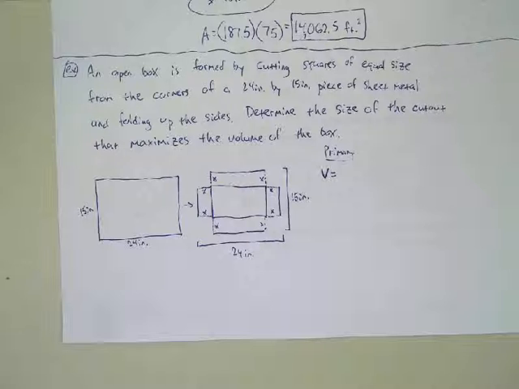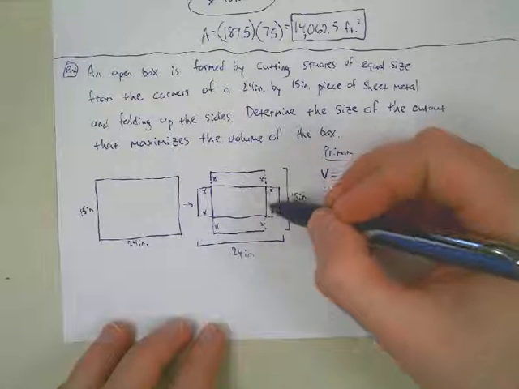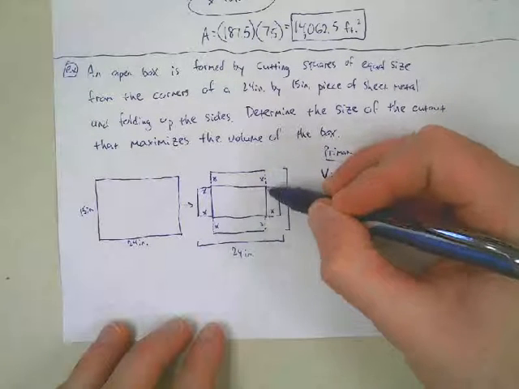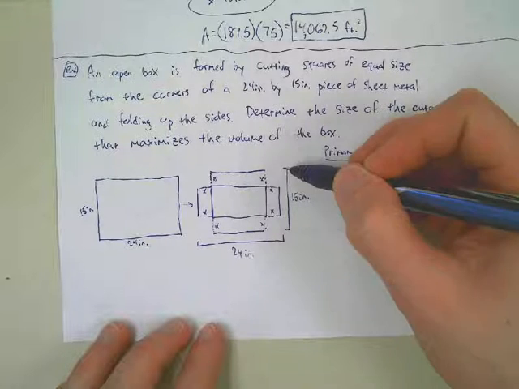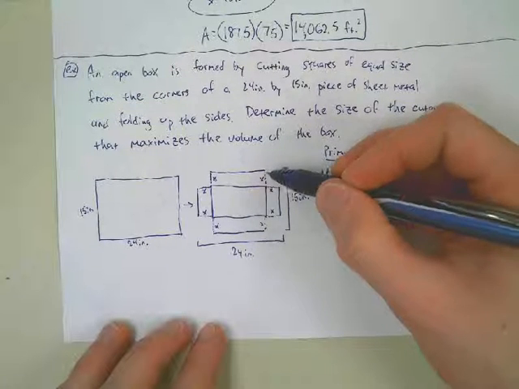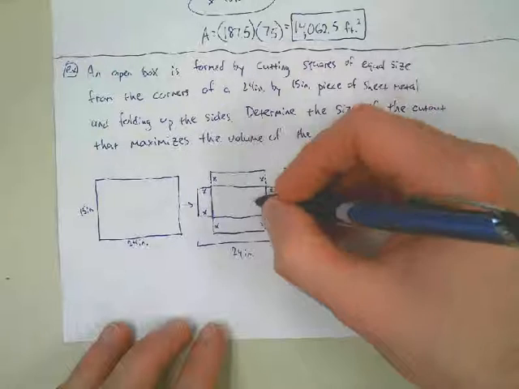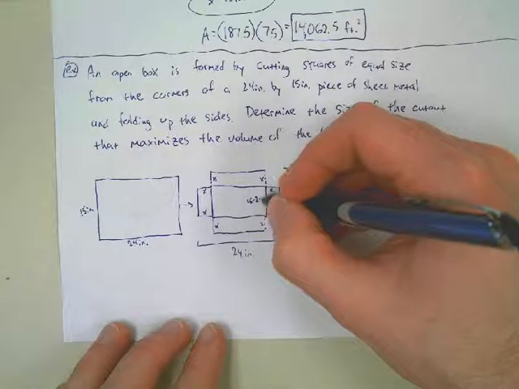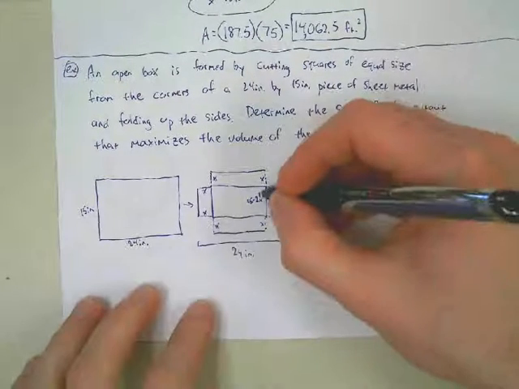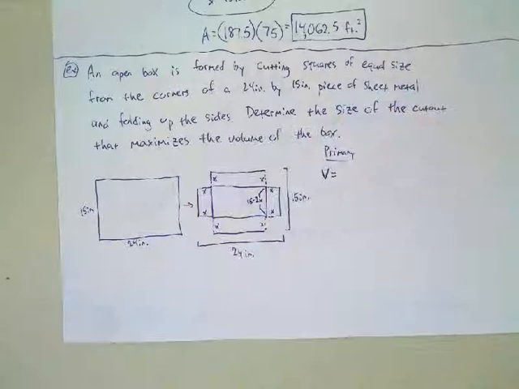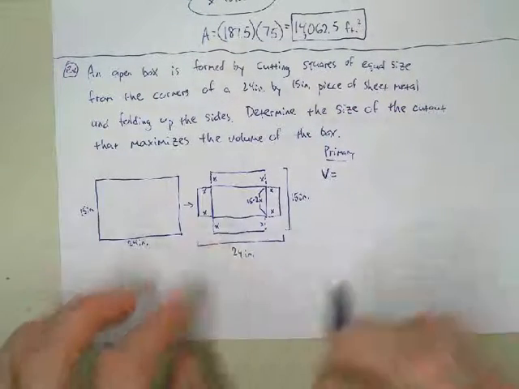Okay, so the length here, or this width or length, whatever you want to call it, is going to be 15 take away 2x, right? 15 is the full length, but we're cutting in x from each side, so it's going to be 15 minus 2x from here to there. And then for the other side of the rectangle, it will be 24 minus 2x.